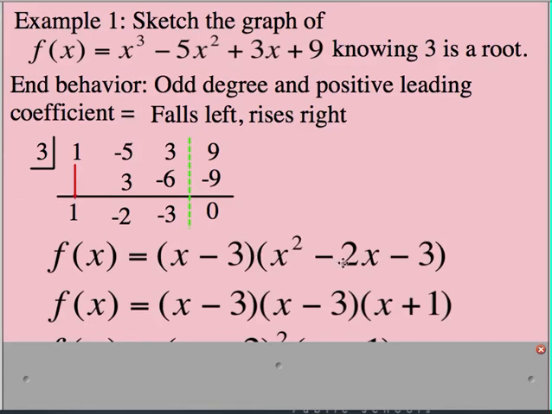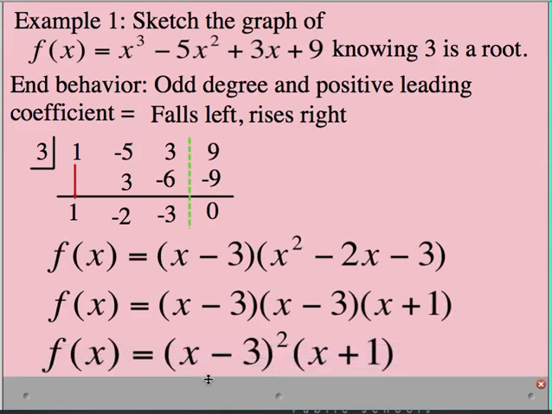So I have x squared minus 2x minus 3. This can be factored further because I need to see what the roots are, and it factors to x minus 3 and x plus 1. Just to rewrite this so I know its multiplicity, f of x equals x minus 3 squared times x plus 1. Now I can easily see my x-intercepts, their multiplicity, and I already know my end behavior from the very first step.